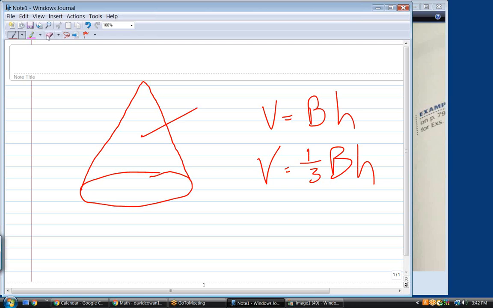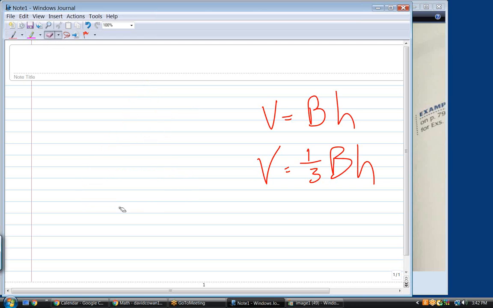In other words, if I draw a square as the base, and I make it go to a point like that, this thing has 4 lateral sides.